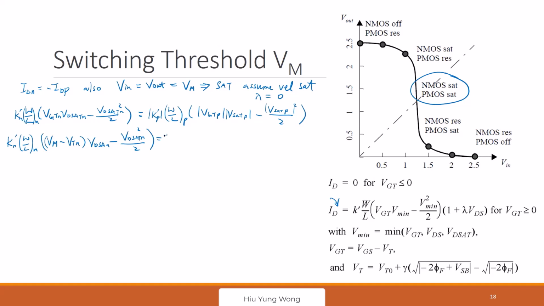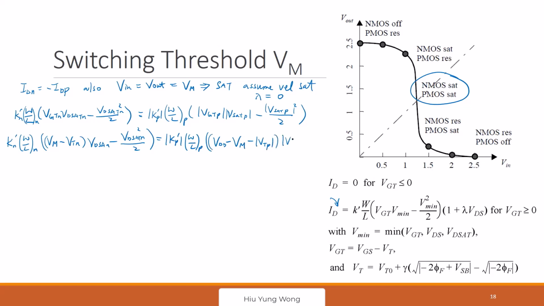For the right part, everything is just like copying, except what is VGT now? It is VGS minus VT. But VGS, I will take the absolute value, so it's VDD minus Vin, which is VM, and then minus VTP, the whole thing.